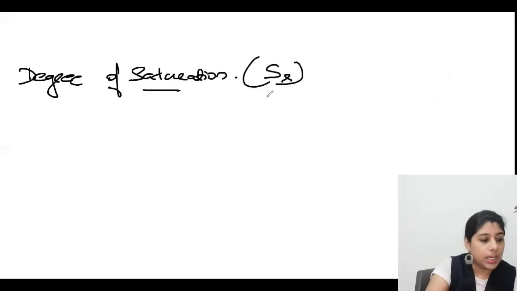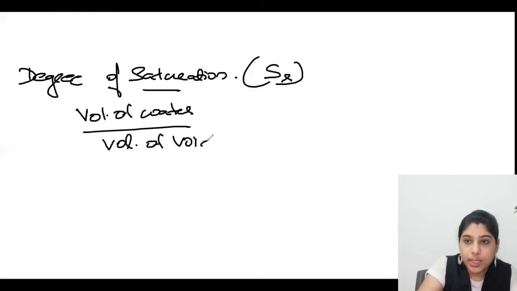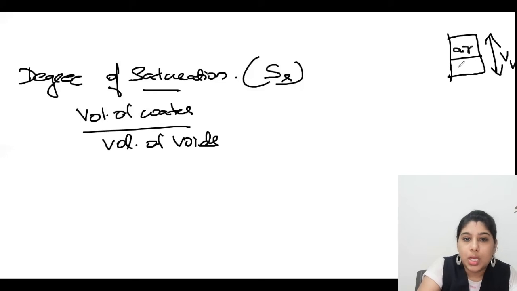It is the volume of water and volume of void. We said that this is the volume of void totally. That means this is composed of air and this is water. So this is the volume of water and this is the volume of air.